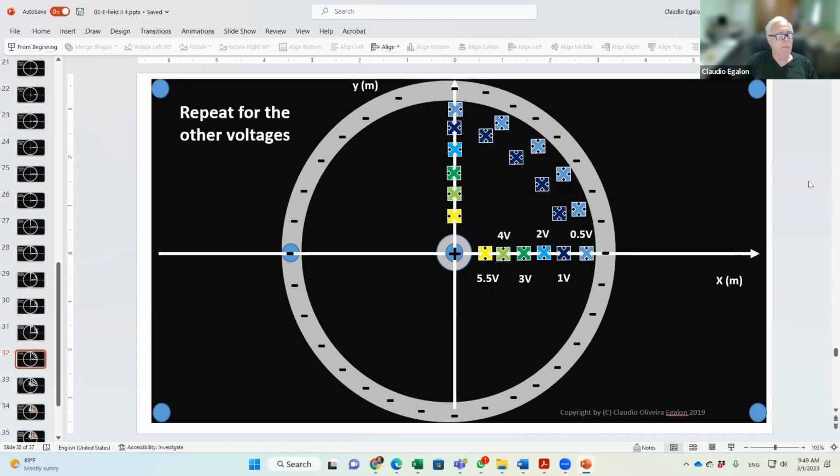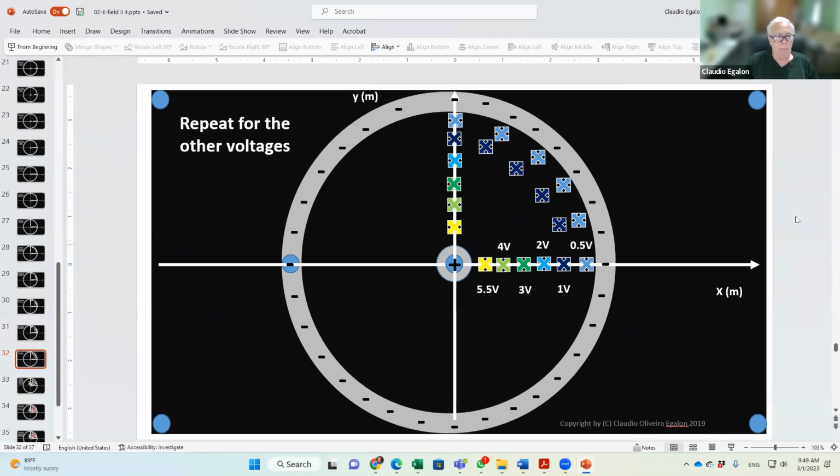And then go for the next equipotential. Look for 4 additional points in between the other two. Notice that as you move closer and closer to the center, the arc becomes shorter and shorter.